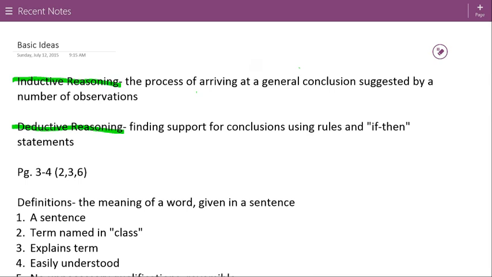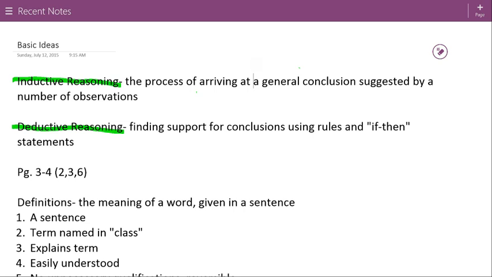So really the big distinction that you need to remember between deductive and inductive reasoning is that in deductive reasoning, you have to have that proof. Either there's a mathematical rule or a geometric postulate or theorem, or an if-then statement that you can use to support your reasoning.